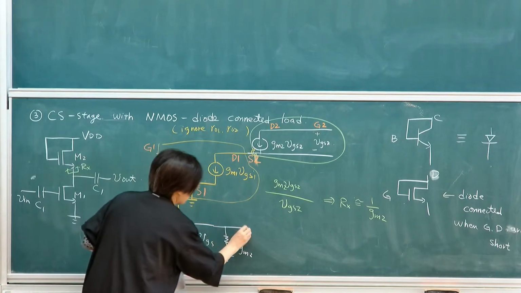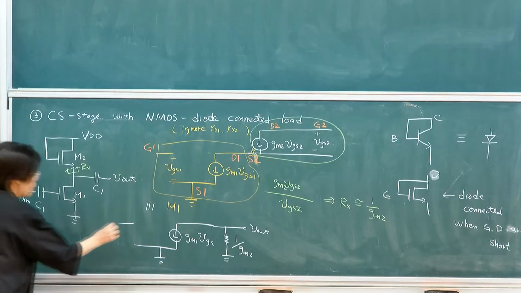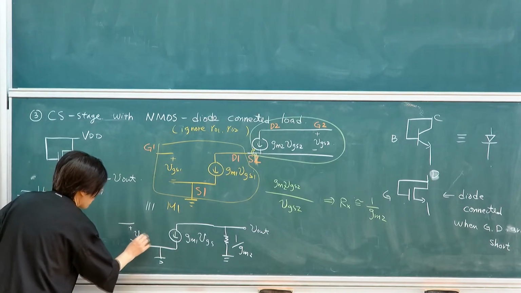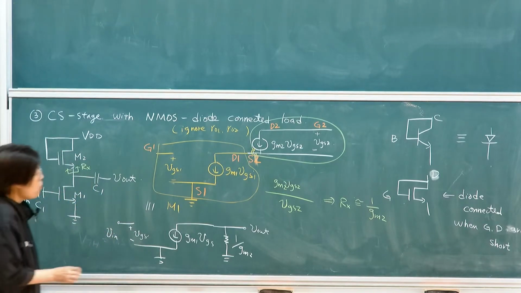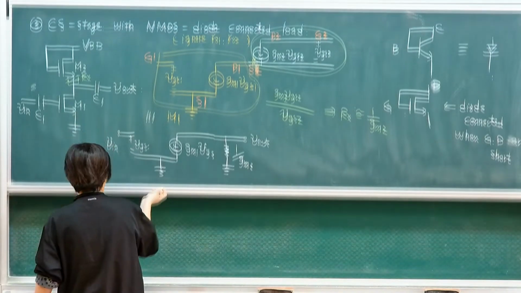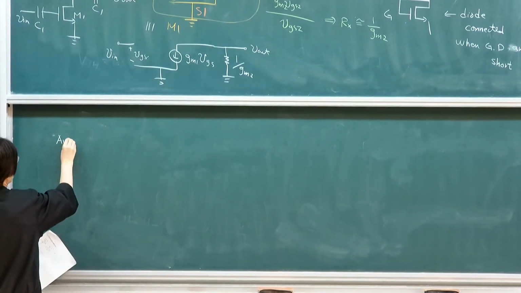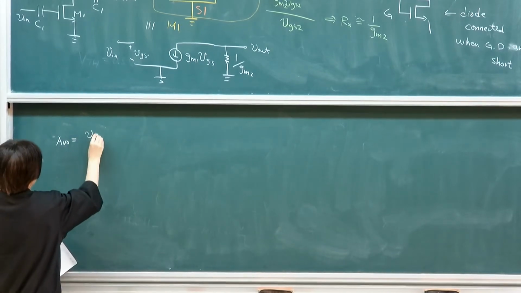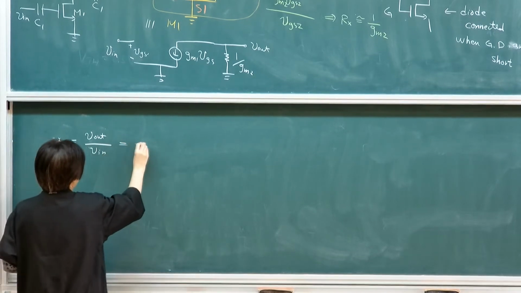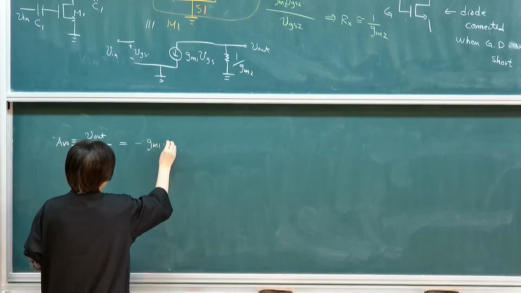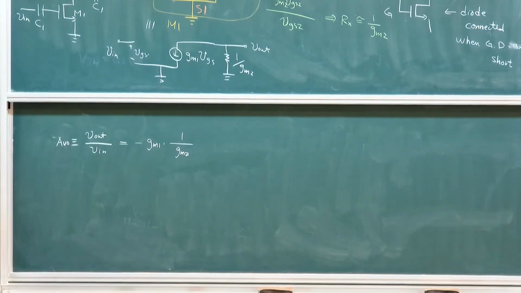Okay? And this is my output terminal. So then this will be VGS1, and this is Vin. So overall, I should be able to get a voltage gain, which by definition is Vout over Vin, and it should be approximately gm1 times 1 over gm2. Okay?